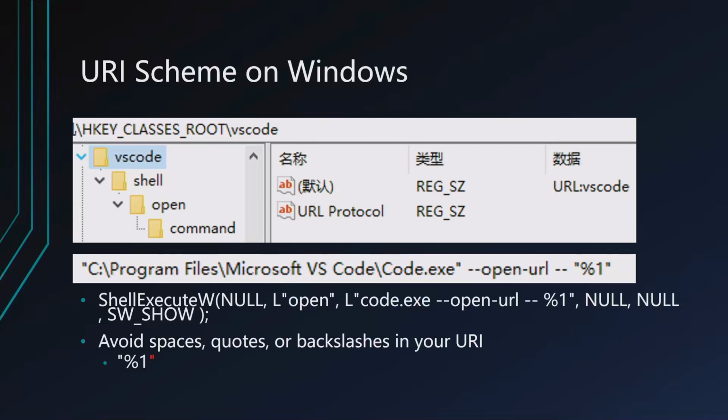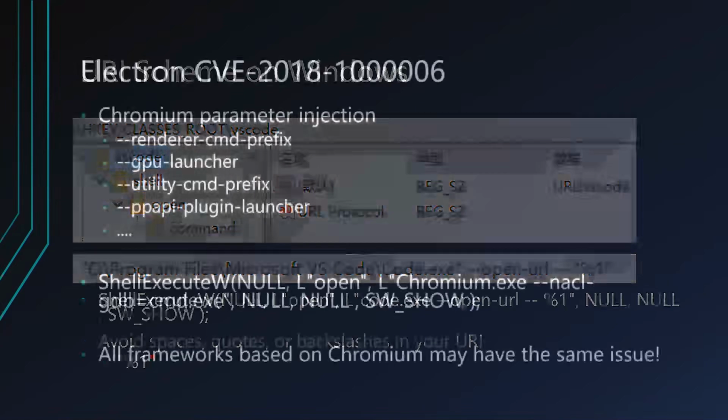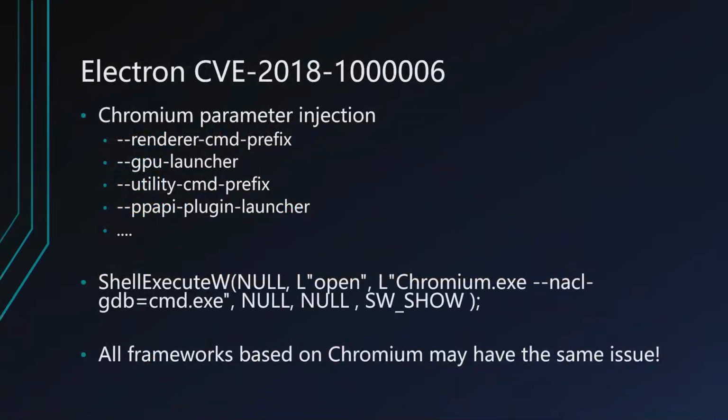But there is a well-known bug in this API. We can use a quote to close the former quote, and we can inject other parameters. So there came a famous exploit last year for Electron. We can use Chromium parameter injection to execute any command, just like that.